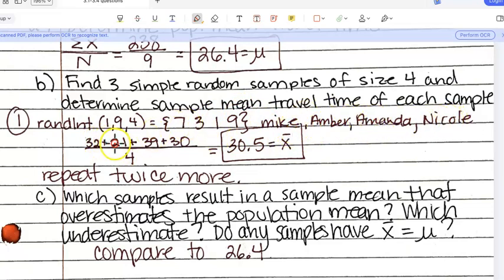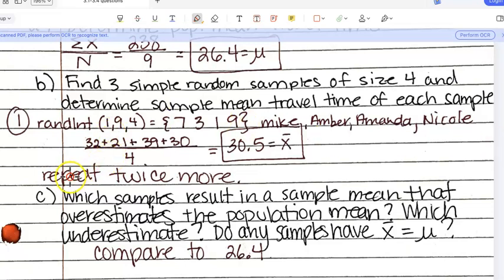So I took those 4 people's numbers, I added them up, I divided by 4. This gave me my sample mean for my first of the 3 simple random samples. Notice that I used X bar and not mu because that's the symbol that we use for samples.